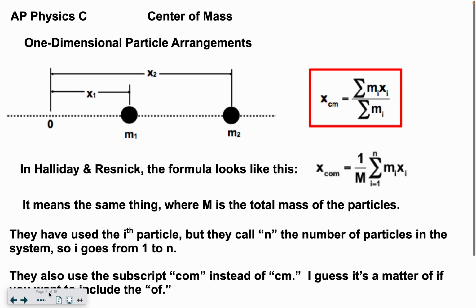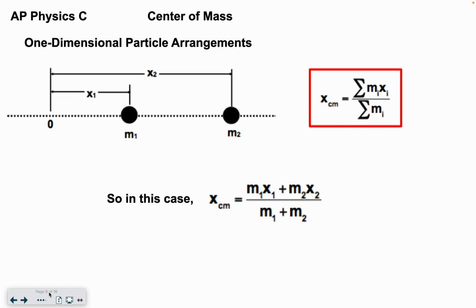So when we look at this particular system here, in the numerator we have M1 X1 plus M2 X2. That's the summation of the mx terms, and then divided by the total mass, M1 plus M2. Pretty straightforward.